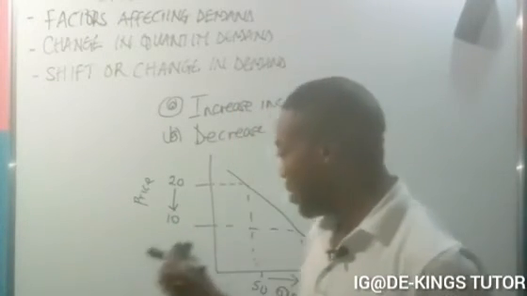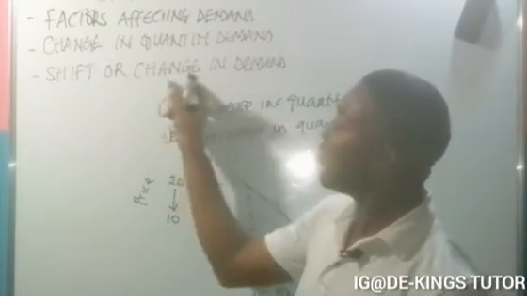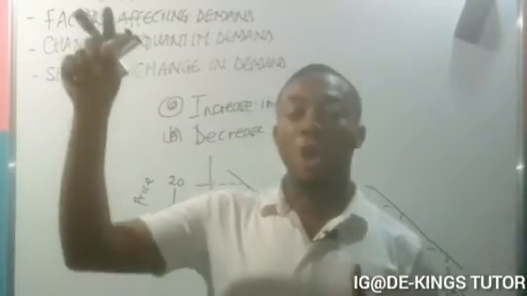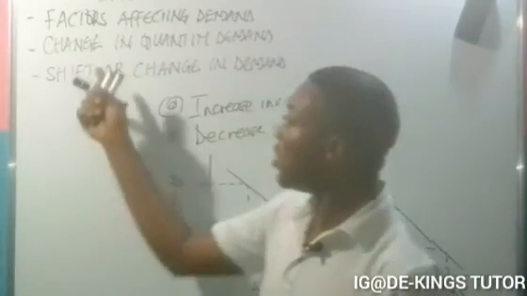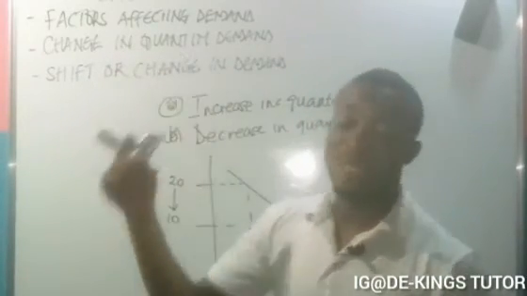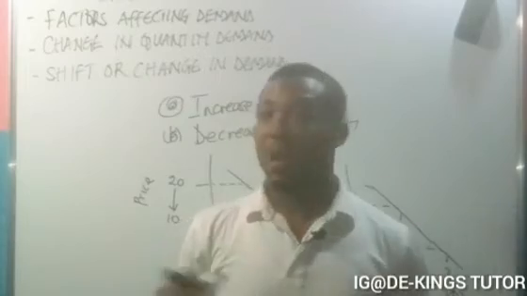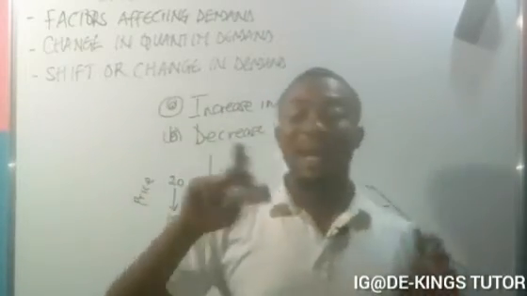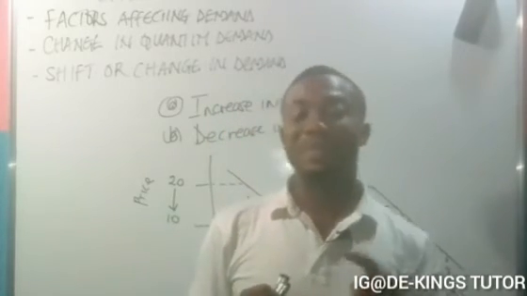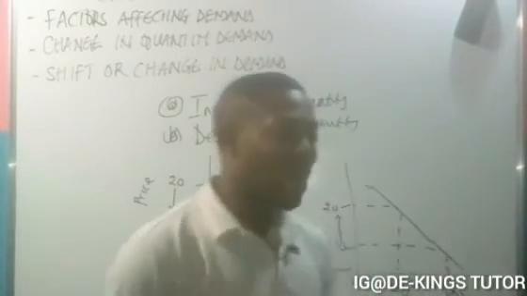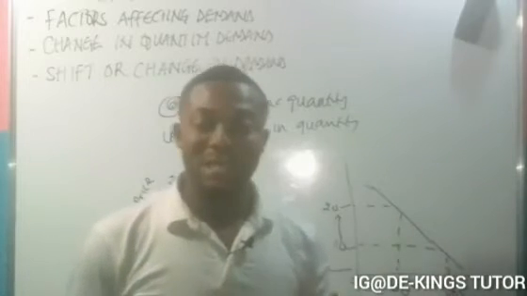Okay, now the change or shift in demand is caused by all factors affecting demand except the price. Remember the first one, we said the change in quantity demanded is caused by only price. But for this now, it is caused by all other factors affecting demand except the price. Okay? Now, the shift or change in demand also has two types.